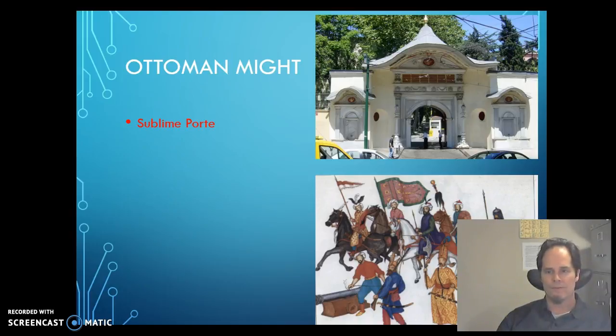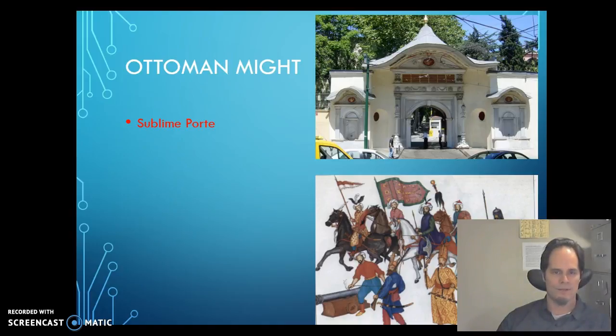First off, we have this place referred to as the Sublime Porte. And this is actually a French term, but it was applied to the Ottoman Empire from an early period of Ottoman might and Ottoman greatness. But it refers to essentially the seat of power.